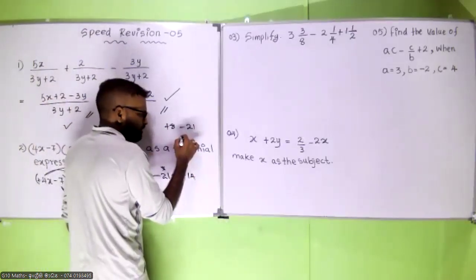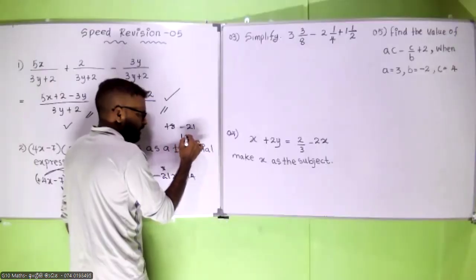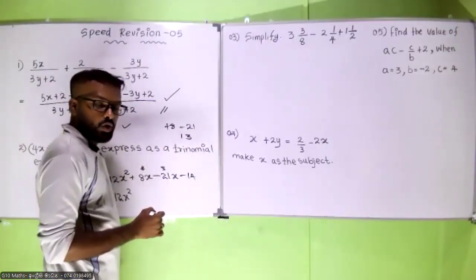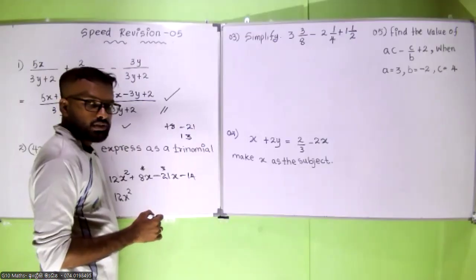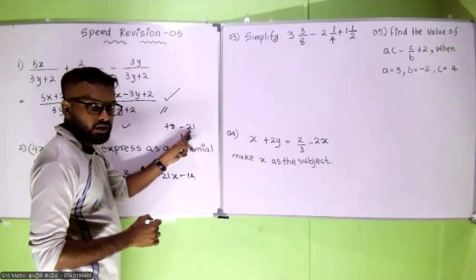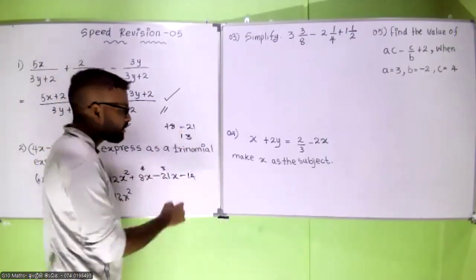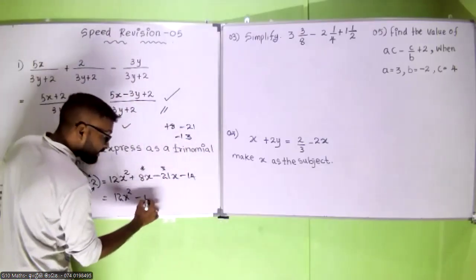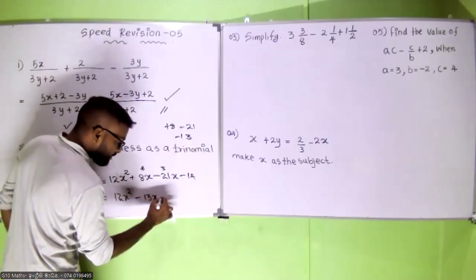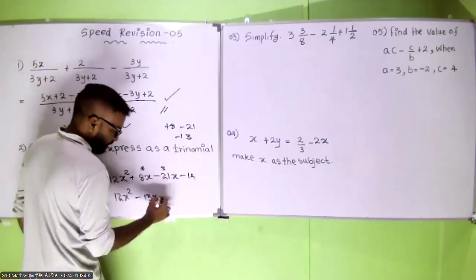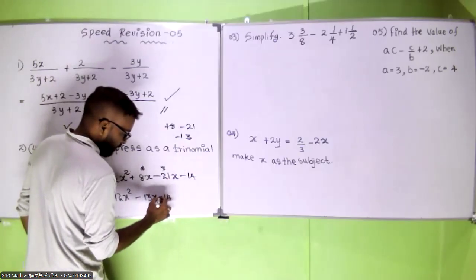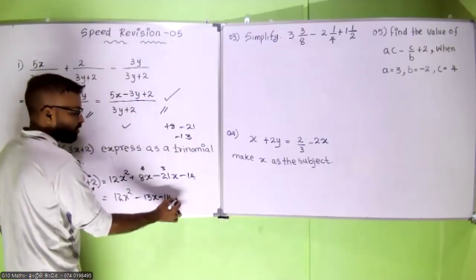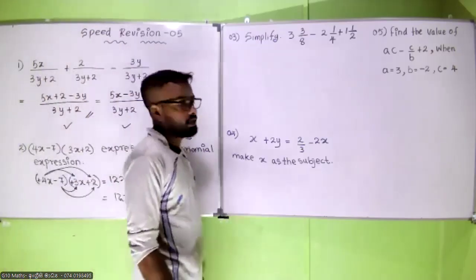It will give you 13. How are we going to put the sign? Who is the elder? 21 is the elder. The elder's sign is negative, and the younger is positive. So negative 13. So you will get negative 13x, minus 14. So this is the trinomial expression if you simplified it correctly.